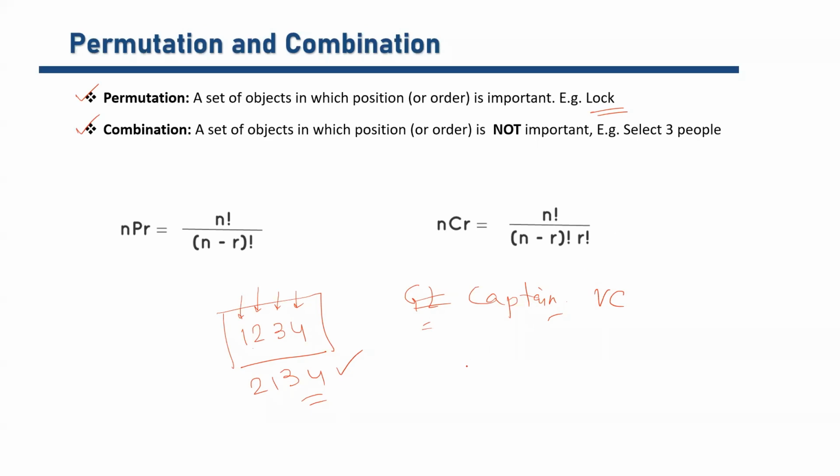If I ask you to select 3 people out of 10 of us, you can select any random 3 people. So either you select, say for example, me or person 1 or person 2. It doesn't matter whether you select person 2 first and person 1 first, and I am the one at the end, right? So the order is not important. When the order is not important, it is combination. When the order or position is important, we call it permutation.